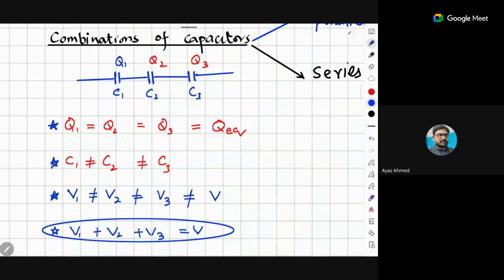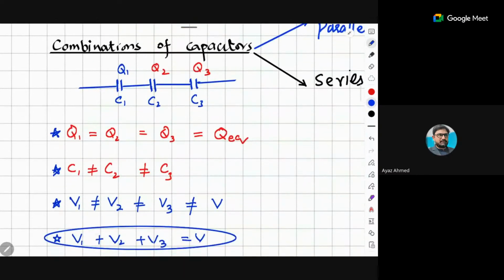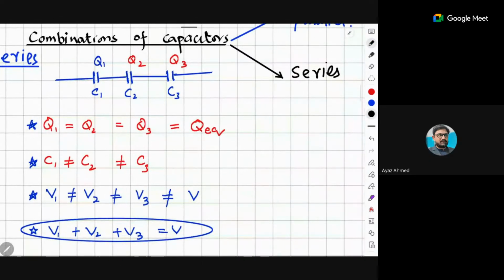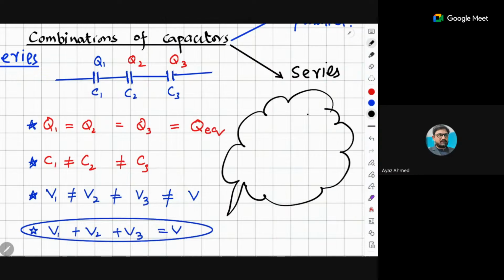Series and parallel. So in series, capacitors are connected in such a way that... I have not given a heading to this topic, but actually it is the series combination. When do you make a series combination of capacitors? When you need a reduction in the capacitance. This is a very important thing, unlike resistors.